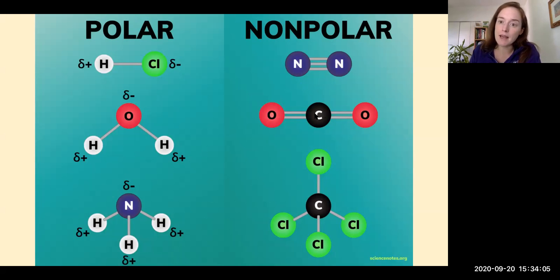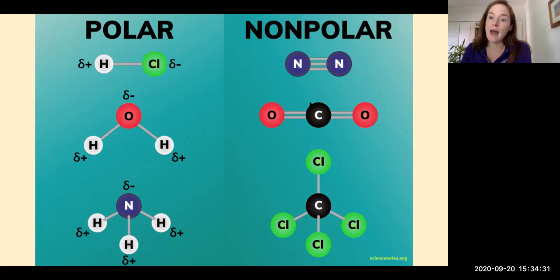Even in something like carbon and oxygen, wait a second, we said oxygen is really electronegative. It can pull electrons towards it more than most other atoms. But in carbon dioxide, CO2, that pole is offset because of the shape of the molecule by equally pulled electrons in this direction.